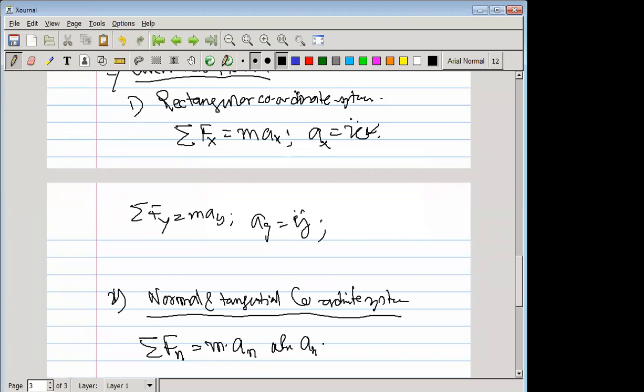Where An is what? Can anyone reply? What is the formula for An, the acceleration in the normal component? Remember anyone, or forgot? Last class we did a numerical problem, where An is equal to what?